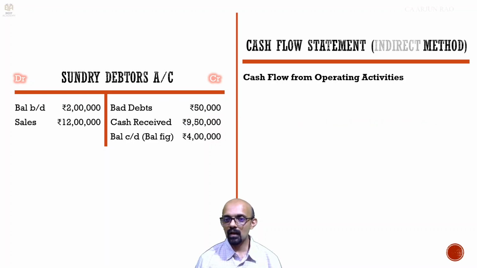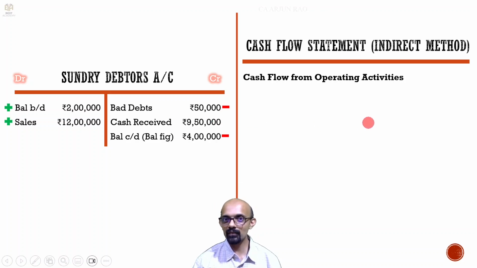Now, under the indirect method, instead of showing 9,50,000, we will be showing the other items: plus opening balance 2 lakhs, plus sales 12 lakhs, minus bad debts 50,000, minus 4 lakh closing balance. The idea is we want plus 9,50,000 in the cash flow statement.